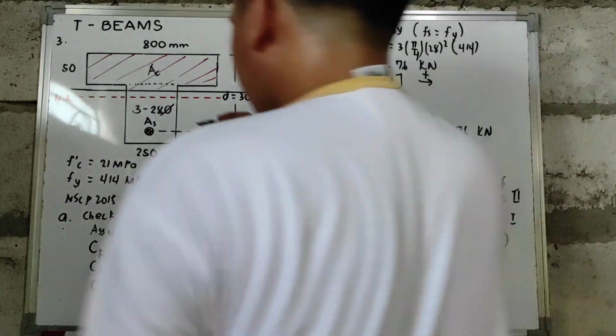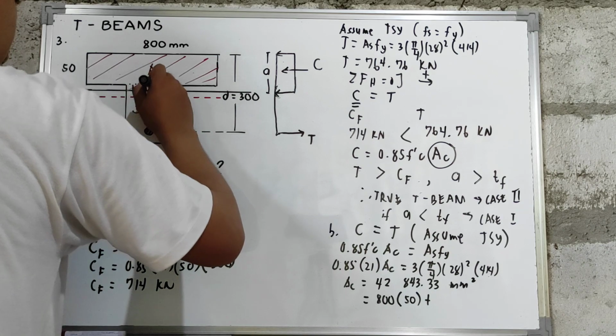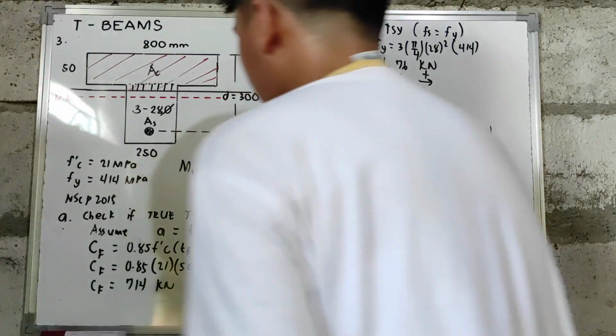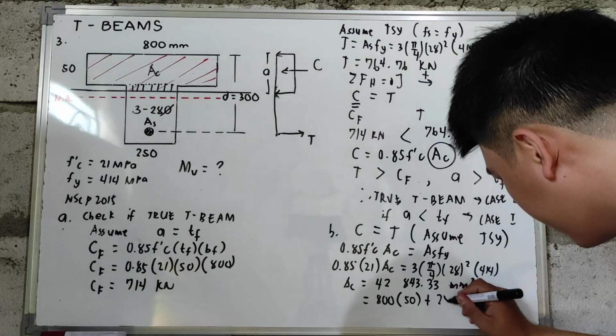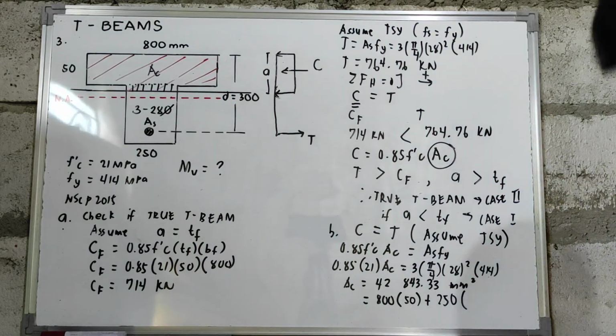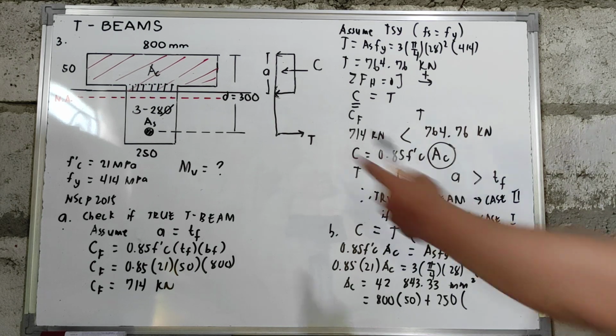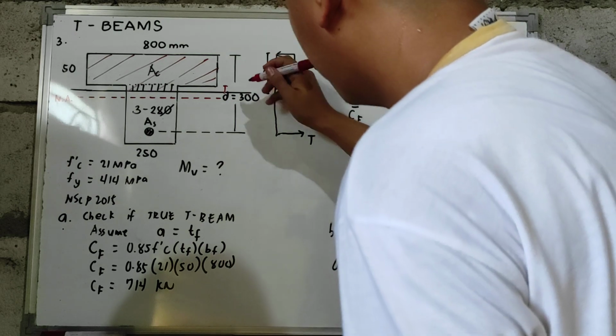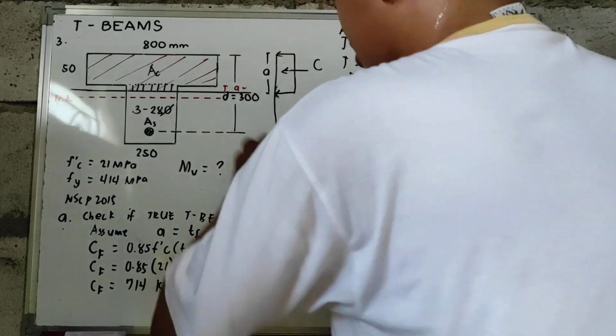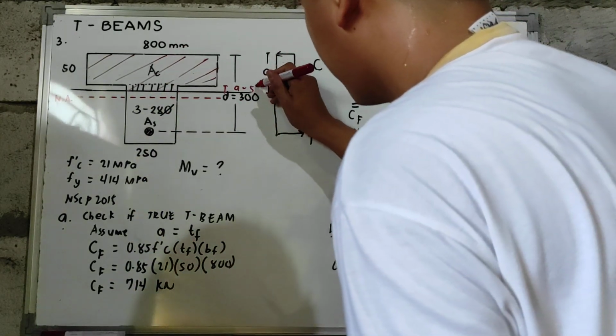So yung area natin dito, so that is equal to yung width niya, which is equal to 250 multiplied by yung height niya. So sir, what will be the height of your shaded region in black? So that will become A yung buo, minus yung thickness ng flange natin na 50.